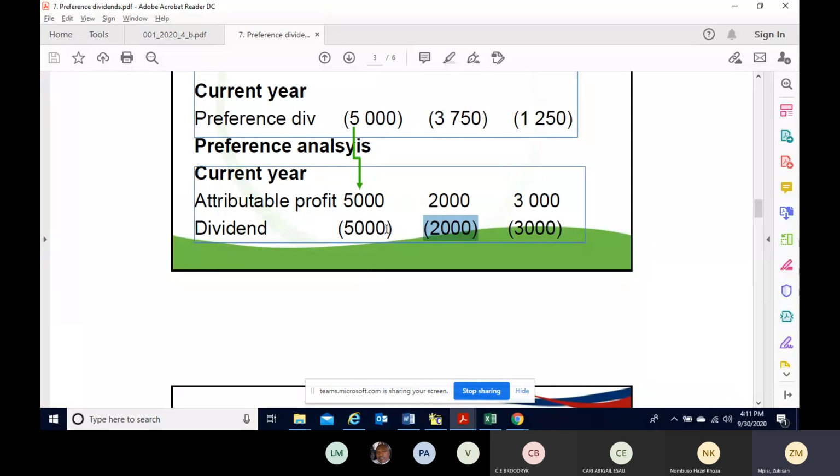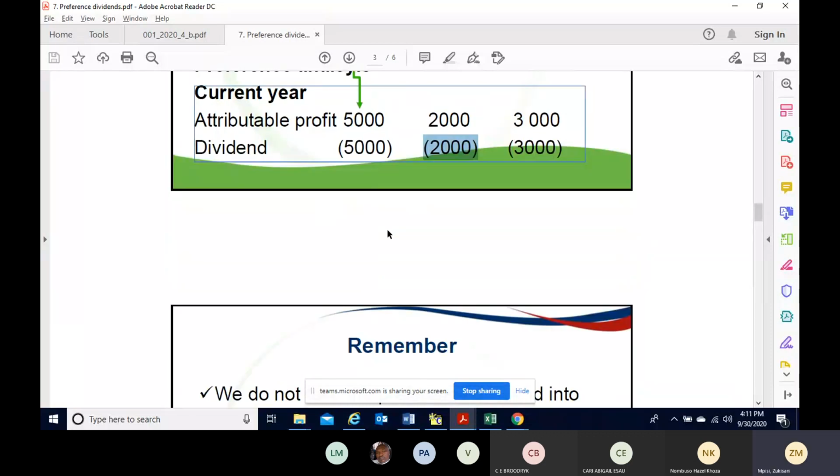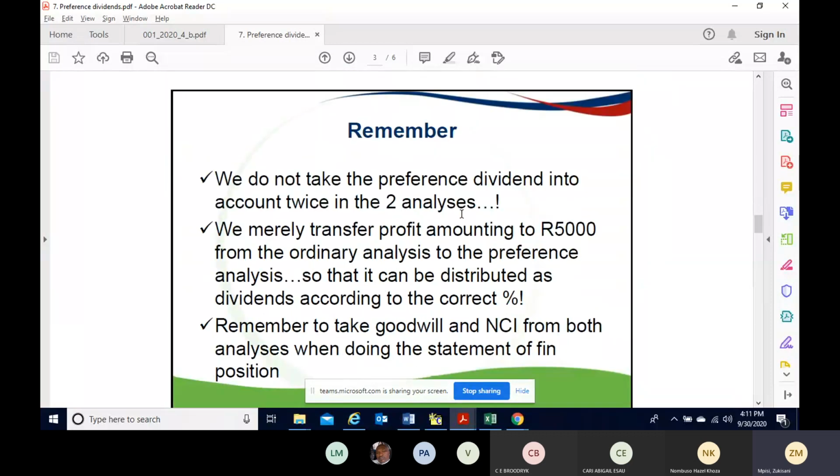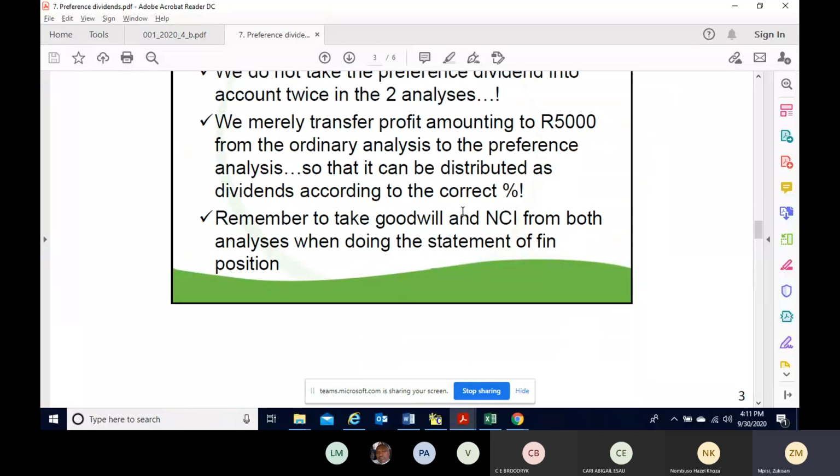But please note, before you pay any preference dividend, it must flow from profit. So there must be profit made first. So we do not take the preference dividend into account twice in the two analyses. We are merely transferring a profit amounting to 5,000 from the ordinary analysis to the preference analysis so that it can be distributed as a dividend according to the correct percentage.